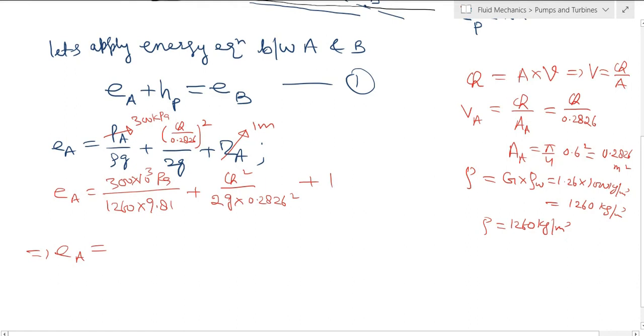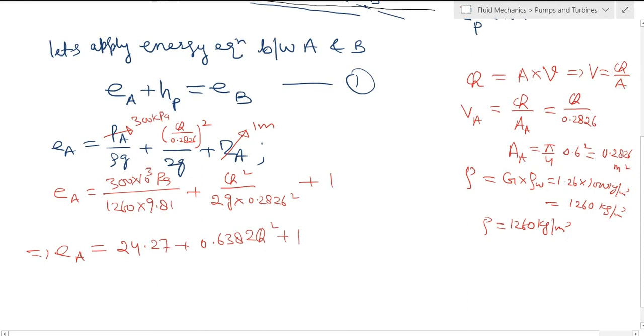Now if you solve this, it is going to be 24.27 plus, 2 multiplied by G, 9.81, multiplied by 0.2826 square, 1 divided by all of this. You are going to get 0.6382 Q square plus 1.